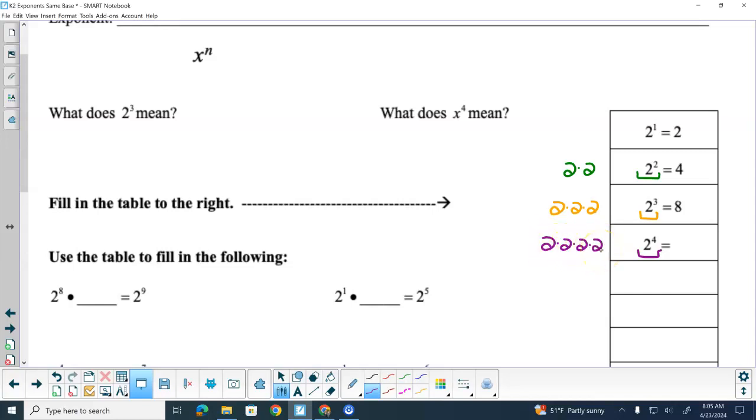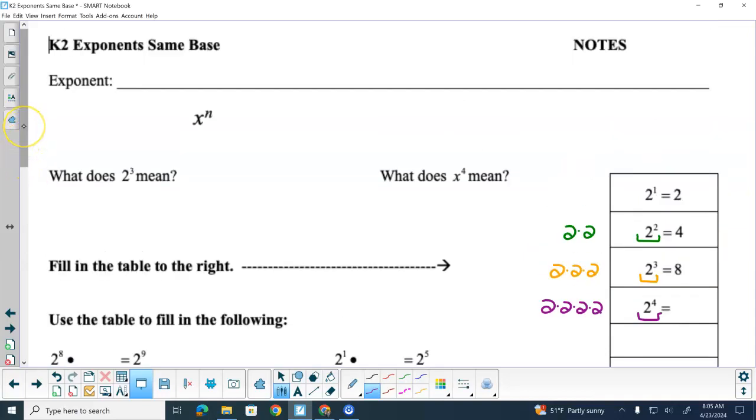Okay. So let's go back up here now. So what does an exponent mean then? Or what does an exponent do for the base? Exactly.